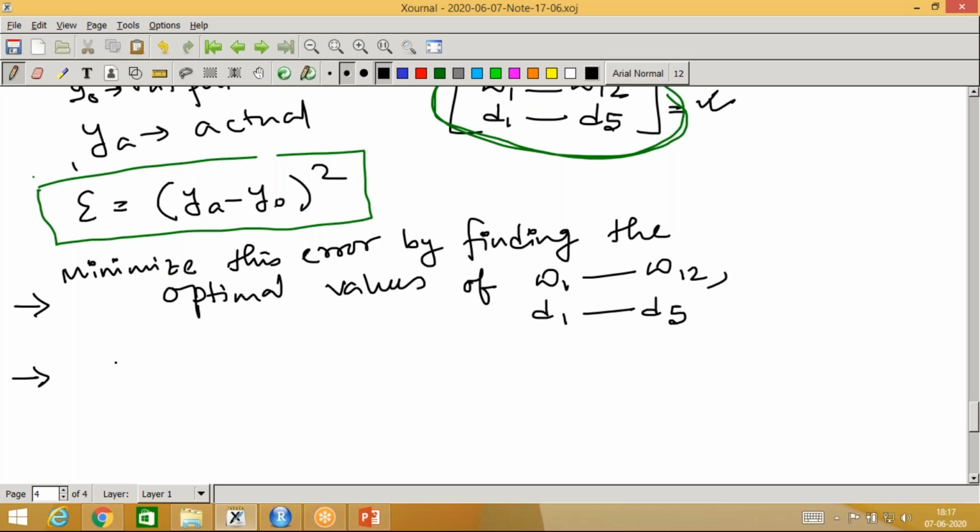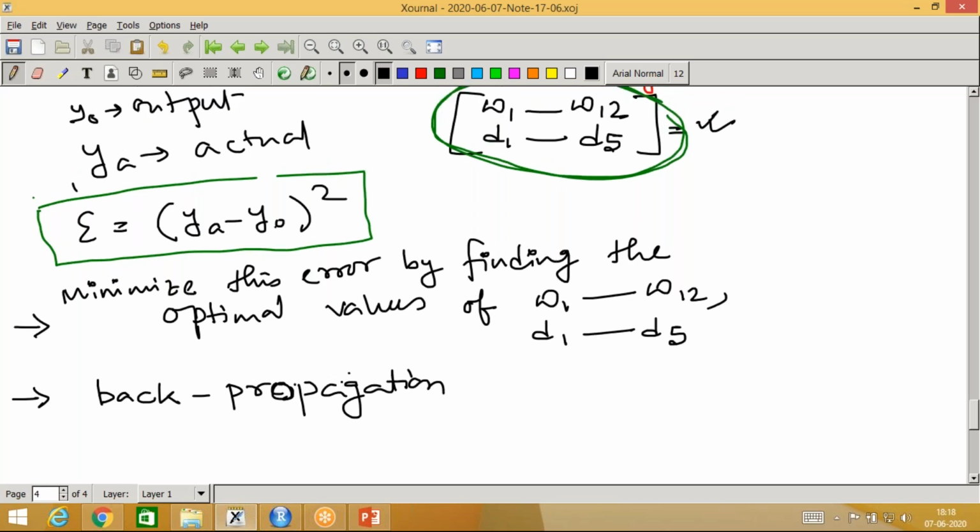We use an algorithm called back propagation. That means we try to optimize backwards.